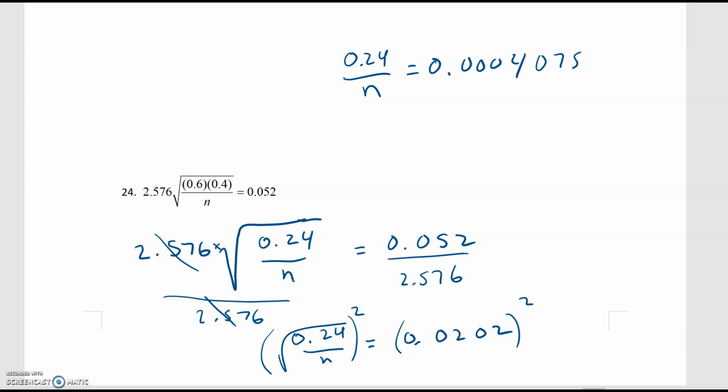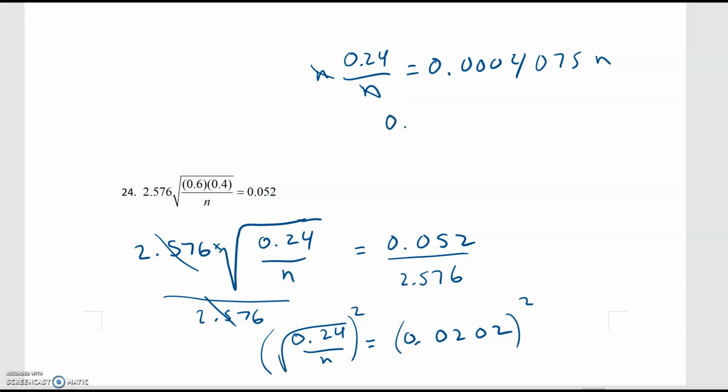What's the opposite of divide? Well, it's multiply. So you multiply both sides by n, which I know you can't actually multiply by n, but we'll go ahead and just do the best we can. So on the left side, the n's cancel. On the right side, I've got 0.000407 times n, whatever that is.